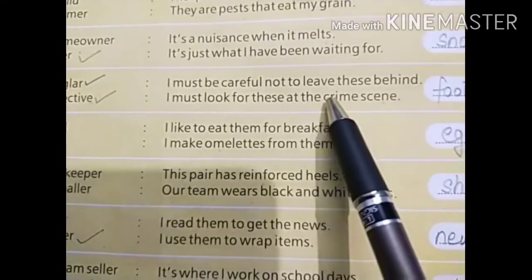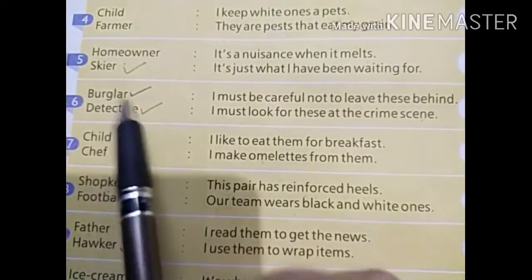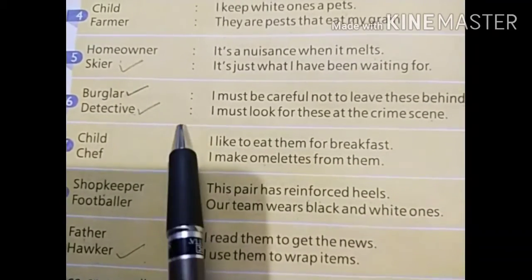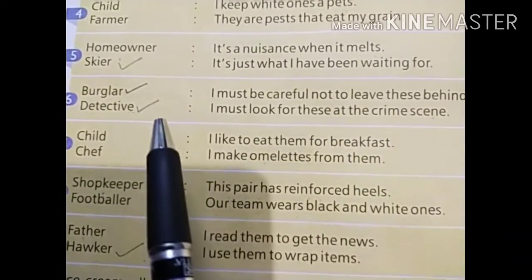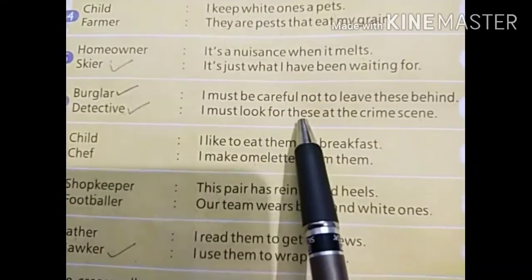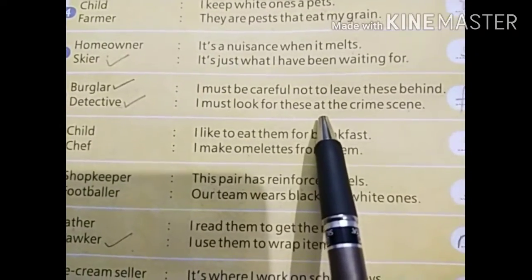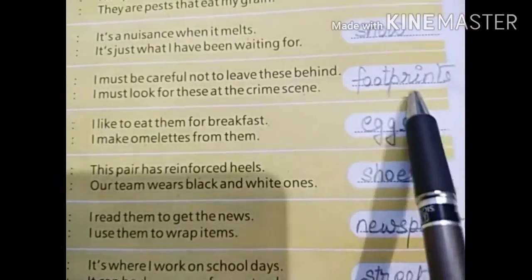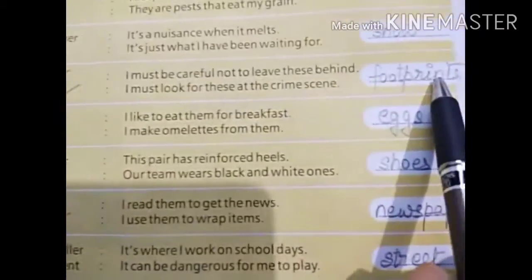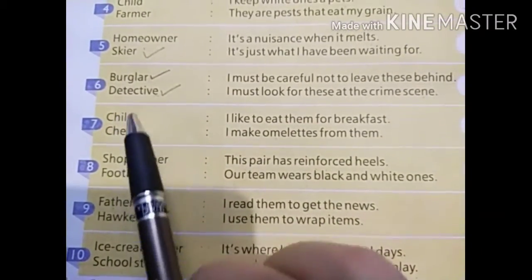A burglar or criminal never wants to leave any clue or hints behind them, and a detective must always look for the clue at the crime scene. Yes, that is footprints.